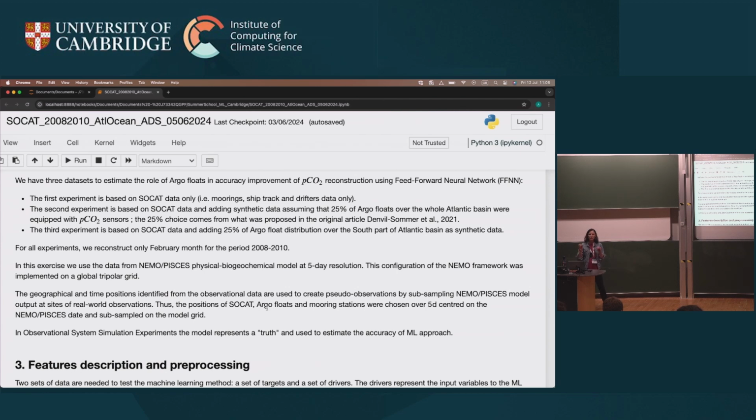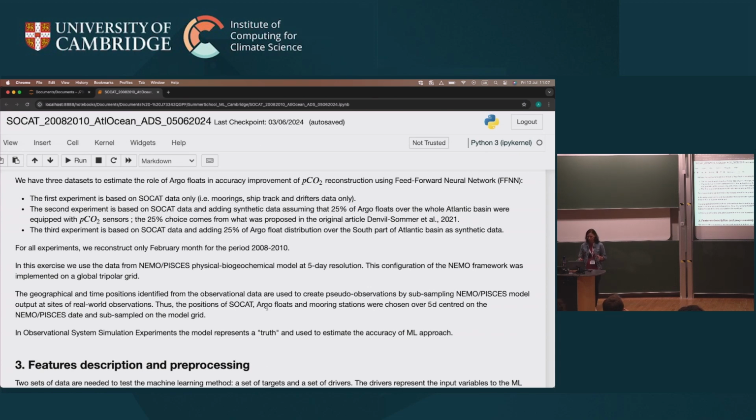We just subsample all these real locations to the model grid. And now we say that this model is our truth, so we will compare the machine learning output with this model. Is it clear?